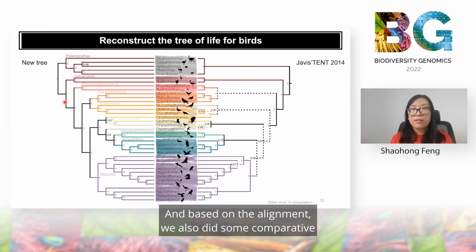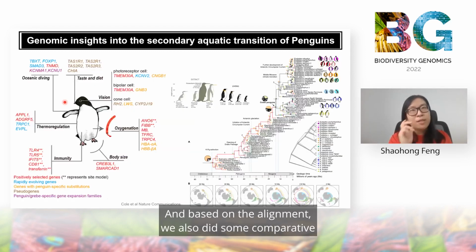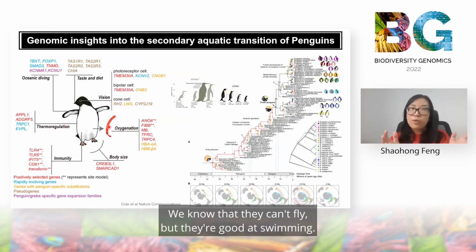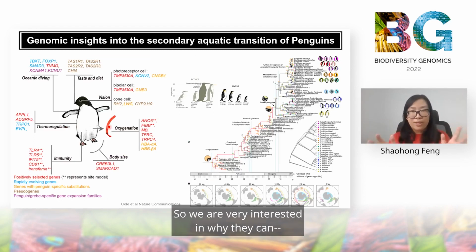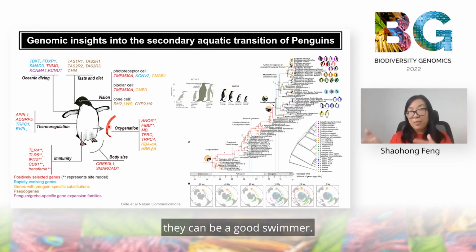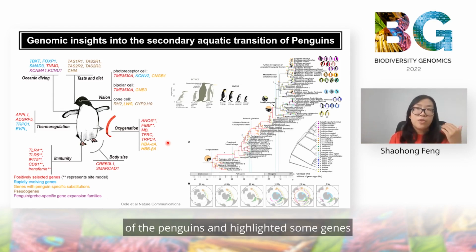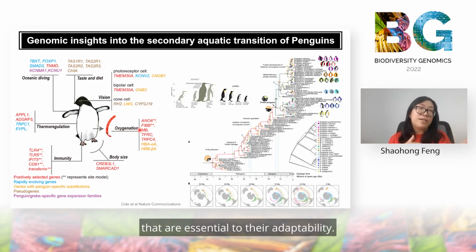And based on the alignment, we also did some comparative genomics on some bird lineages, like the penguin. We know that they can't fly, but they are good at swimming. So we are very interested in why they can be good swimmers. So we studied the evolutionary history of the penguins and highlighted some genes associated with their adaptability.